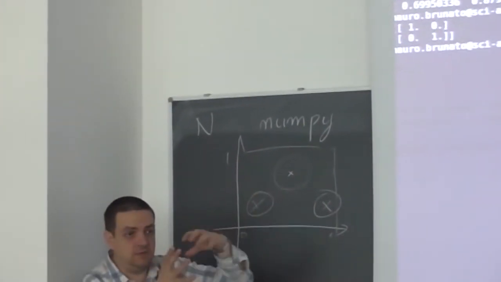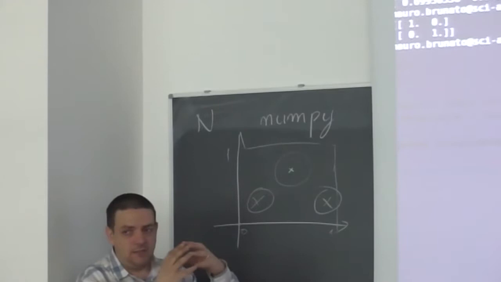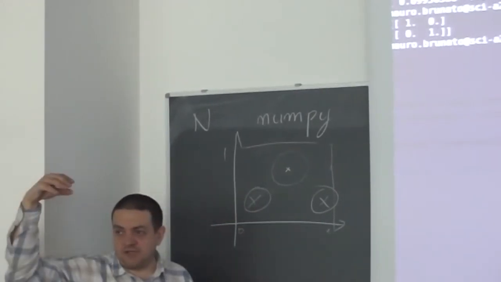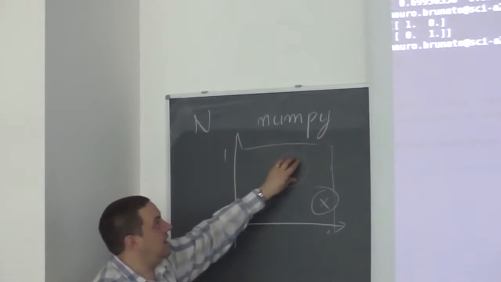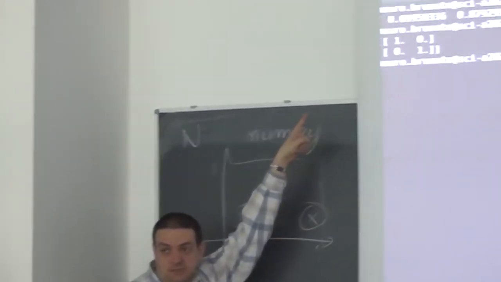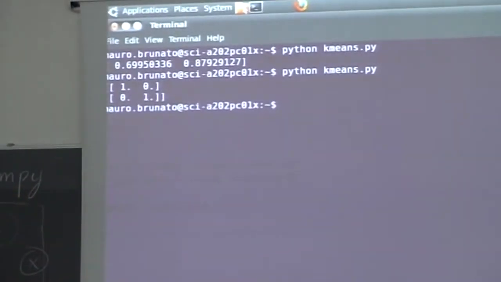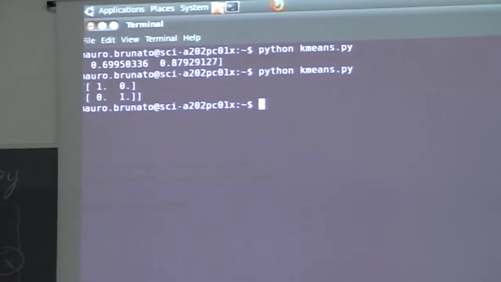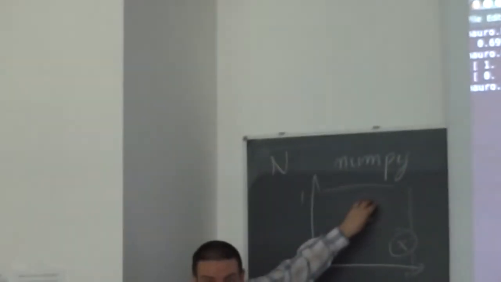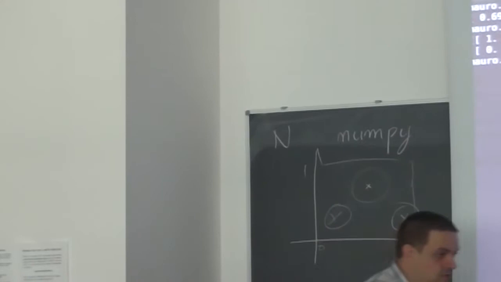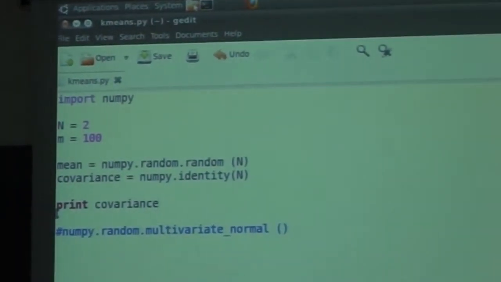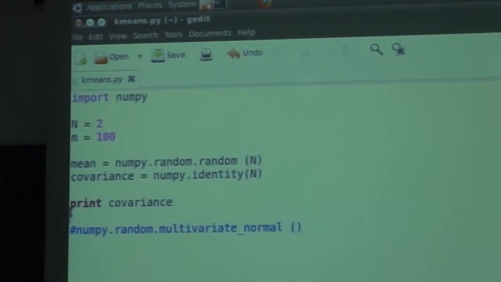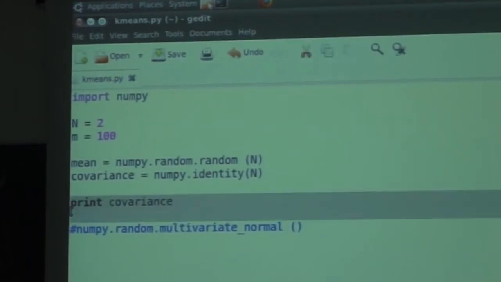I don't have particular directions on which it should elongate or so. So I just want the identity matrix. Actually, I want the distribution to be rather concentrated around this point. Well, but we shall see it later.